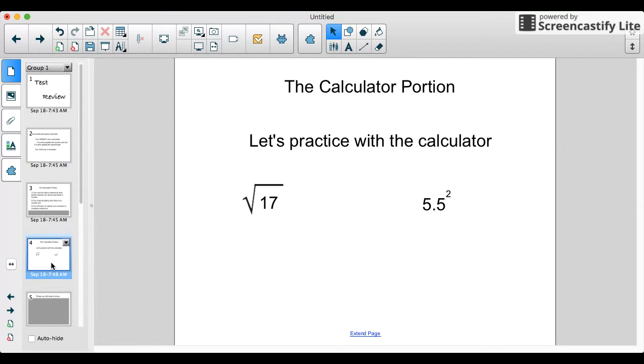Now we will enter in 17 and then hit enter or equals. Our answer should be 4.123105626.